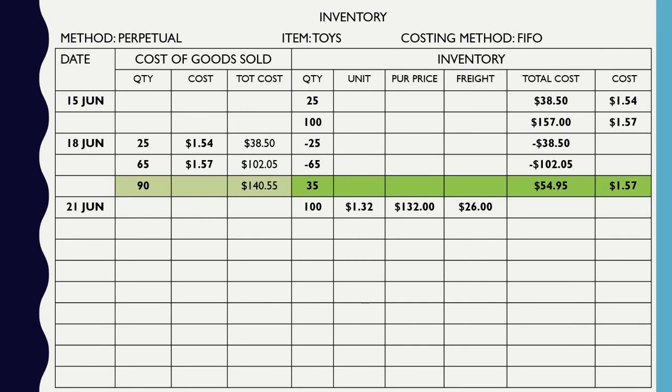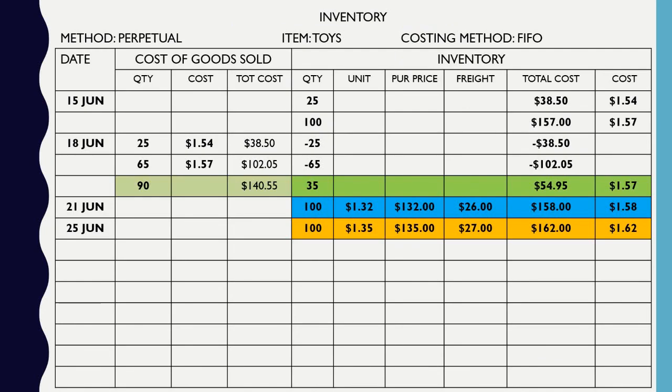So again, 132, plus the freight to give you 156, to give you 158, and then giving you a cost per item of 158. Now, because I use colors, I'm going to be consistent to continue using colors, okay? And then I plug in my last one here, which I just used orange.